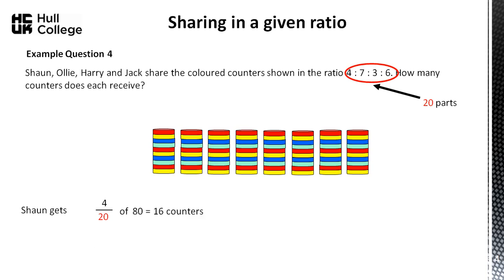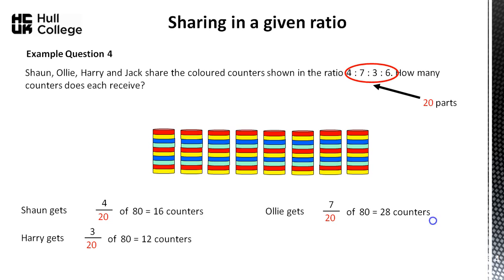Sean gets 4/20 of 80, which is 16 counters. Ollie gets 7/20 of 80, which is 28 counters. Harry gets 3/20 of 80, which is 12 counters. And Jack gets 6/20 of 80, which is 24 counters. And check your answer. 16 plus 28 plus 12 plus 24 equals 80.